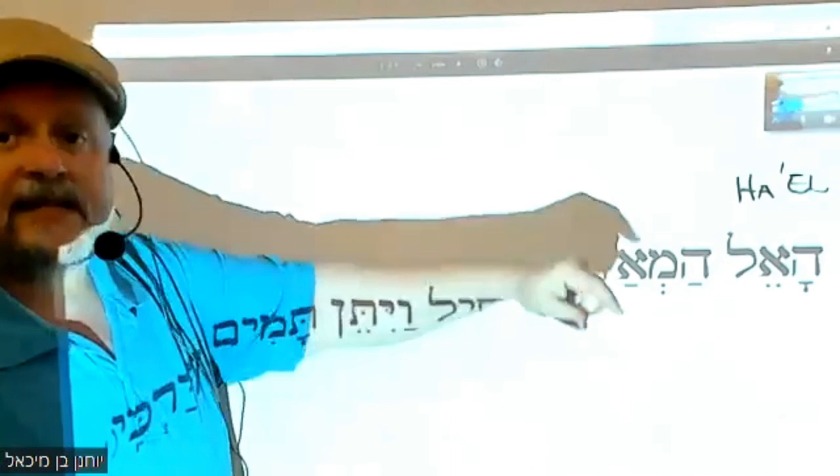Then we have another Z sound. And then what kind of shva is this? It's vocal because it's under a letter that has this dagesh in. So that gives us the sound z. Right? Then we have a resh pointed sere, re. And then nun pointed kiri kyo, ni. So we have ham azereni.